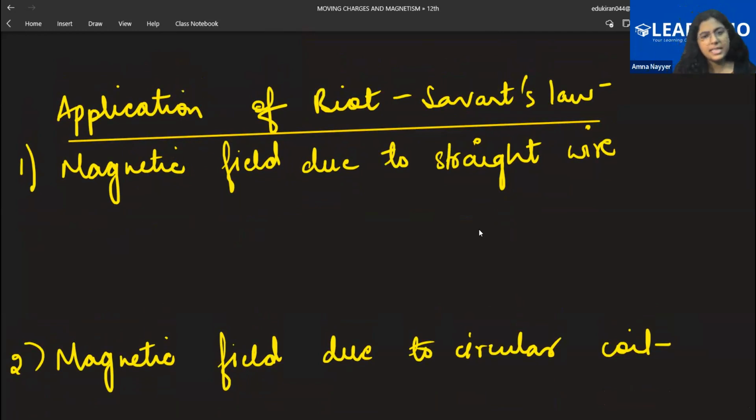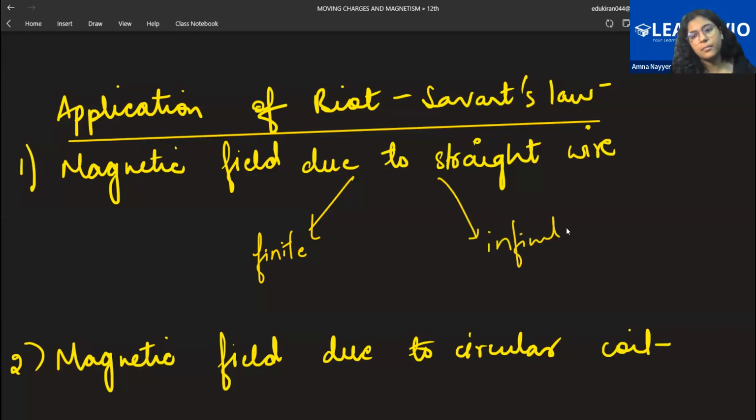So, see, magnetic field due to a straight wire. You have a finite wire. Finite wire means the ends are finite, like this is a finite wire. Another one is infinite, obviously, which means the ends are endless, extending to infinity.